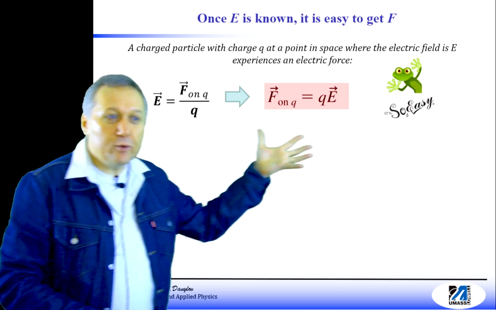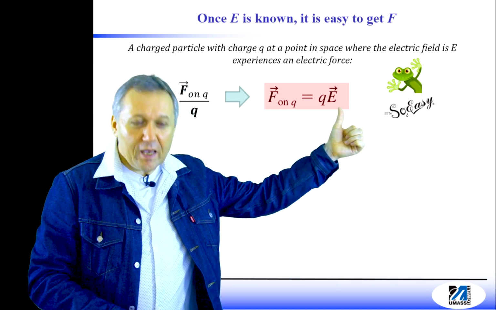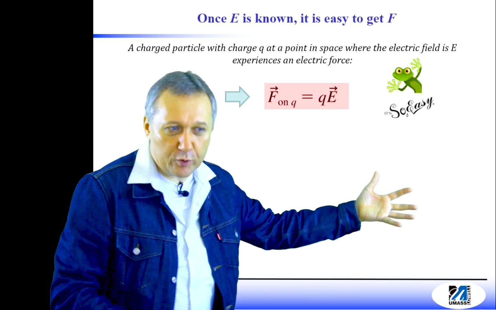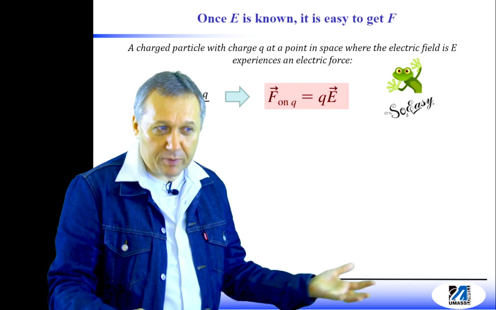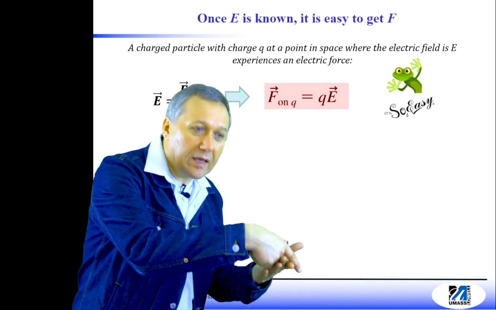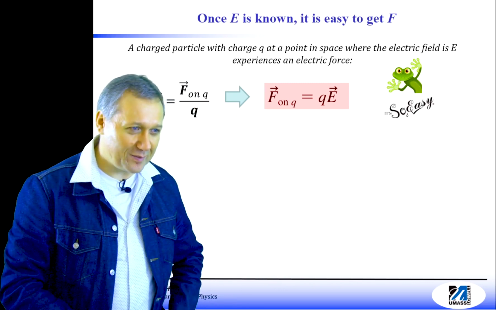So that's how, if you have information about the electric field, and you have information about the charge which flies or which is exposed to that electric field, just multiply charge times the value of the electric field at the point where the charge is at this particular moment. Right.